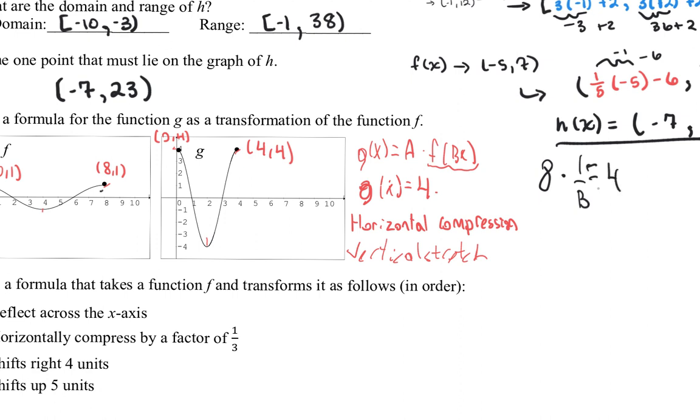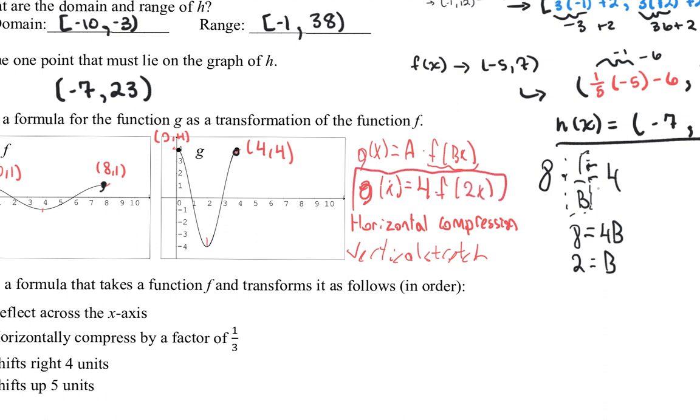So I go from 8 to 4, multiplying by a compression factor of 1 over b. So 4 equals 8 over b, multiply both sides by b, 4b equals 8, and 2 will then equal b. So for my equation, g of x is going to equal 4 times f of 2x.